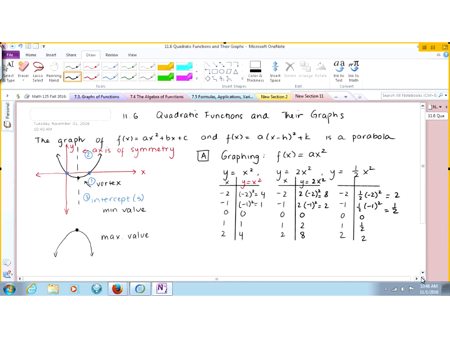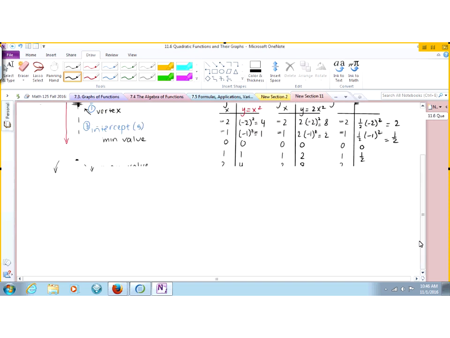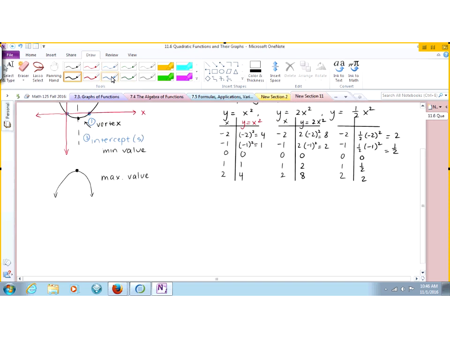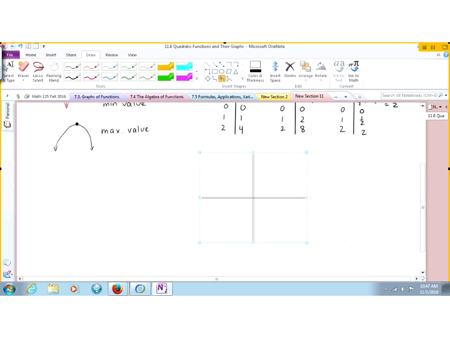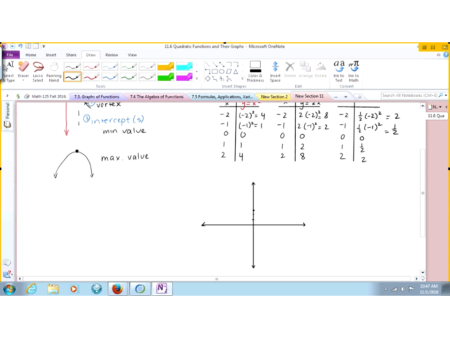Let's graph y equals x squared first. So like this. 1, 2, 3, 4, 5, 6, 7, 8. 1, 2, 3, 4, 5, 6, 7.